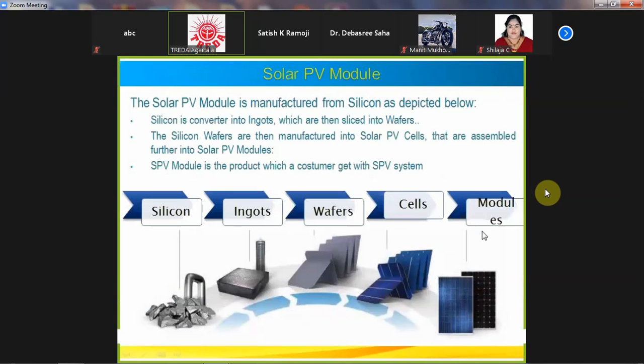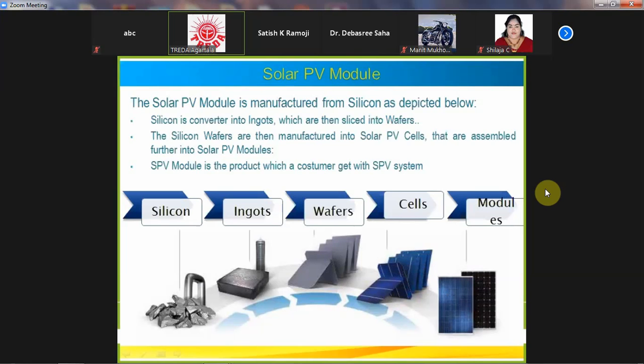Now, how is this module produced? At first there is the silicon ore, then it is made into an ingot, and the wafer is produced. On the wafer, the negative and positive lining is made and the cell is produced, a 0.5 volt cell. It is connected as per our requirement to make the module.